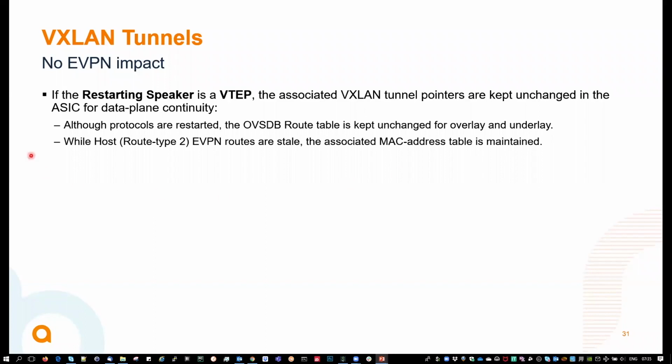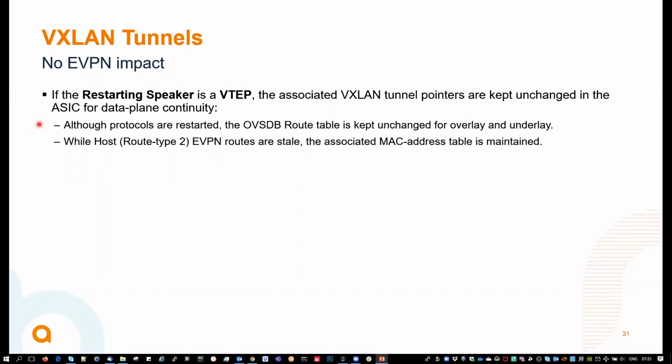So on graceful restart, if the restarting speaker is a VTEP, then what we are trying to say is there is no EVPN impact, which means that there are no tunnels that will get deleted. All the VXLAN tunnel pointers are kept unchanged in the ASIC for data plane continuity.